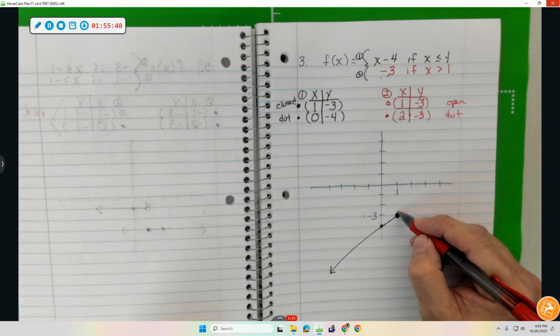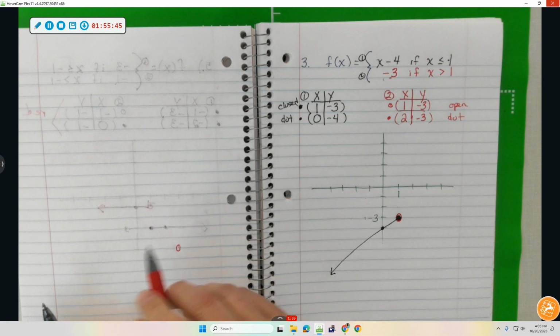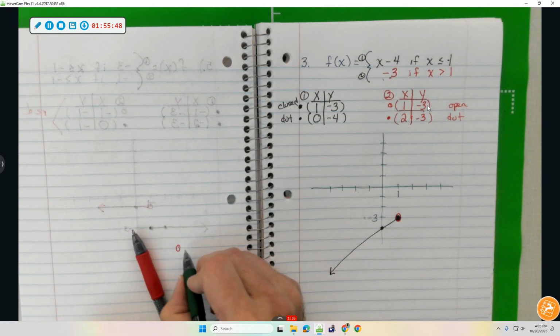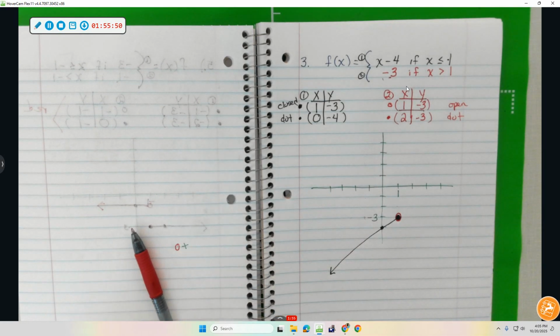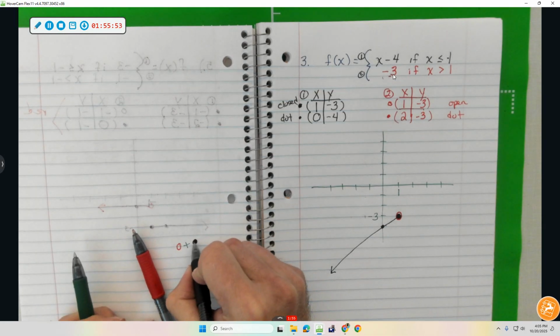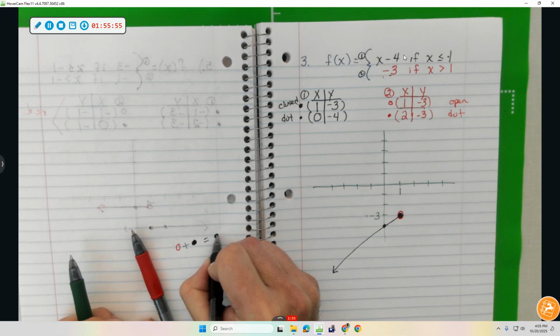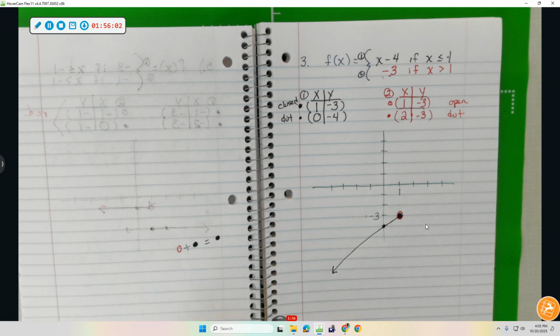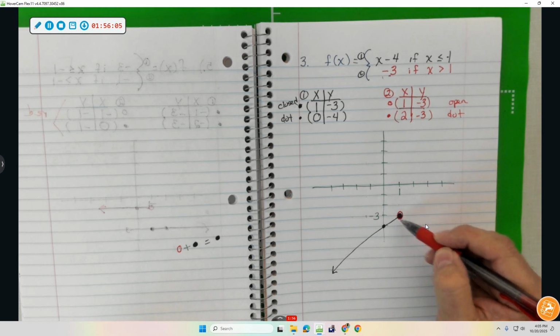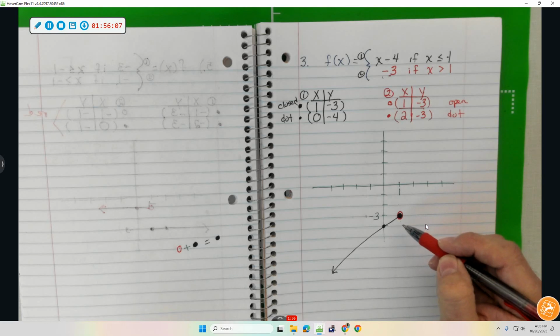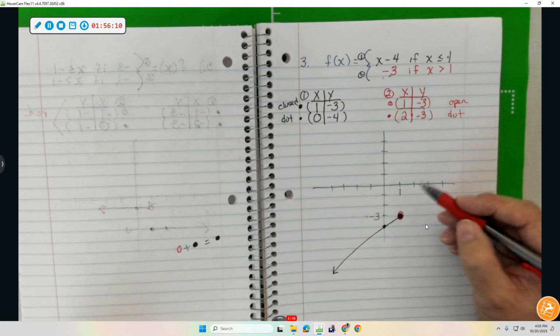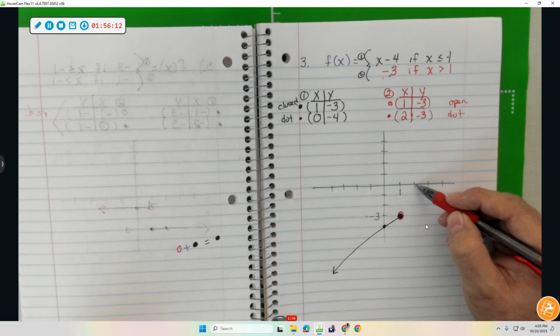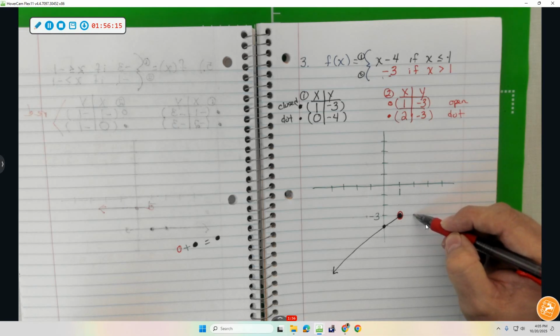If an open and closed circle appear at the same spot, the closed circle takes precedence. This open circle is saying, hey, that point isn't on the graph. You're right, it's not on the red graph, but it's on the black graph. If you have an open and closed circle at the same spot, then you have a closed circle. If you have different colors, you can try to show which, but I don't encourage that. Right 2, down 3.